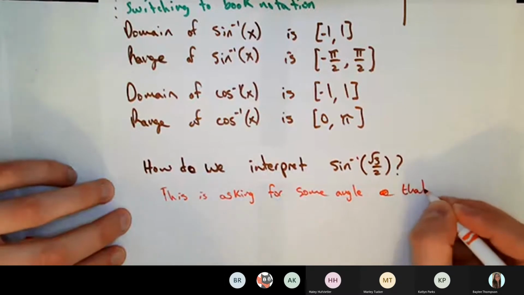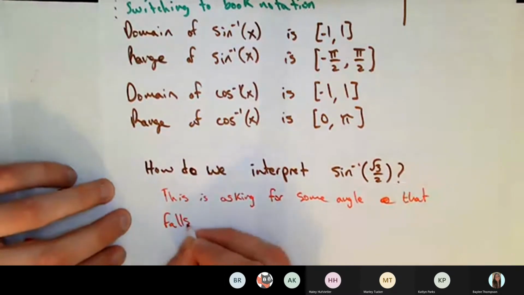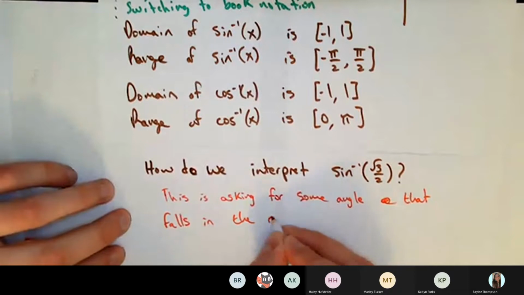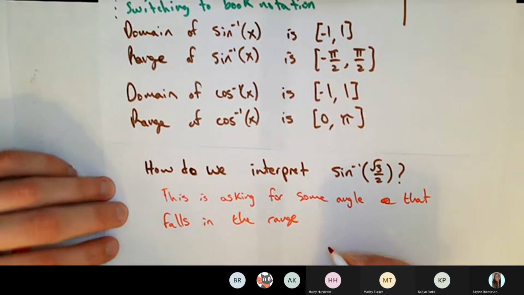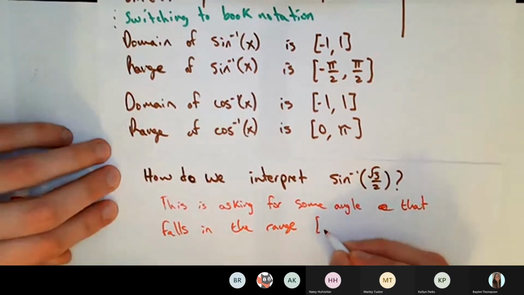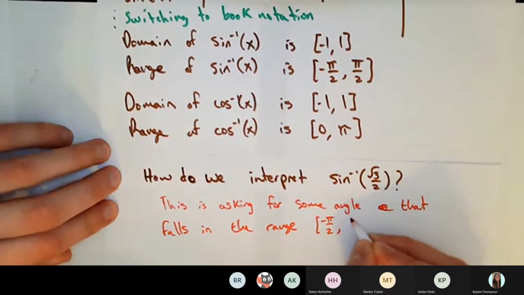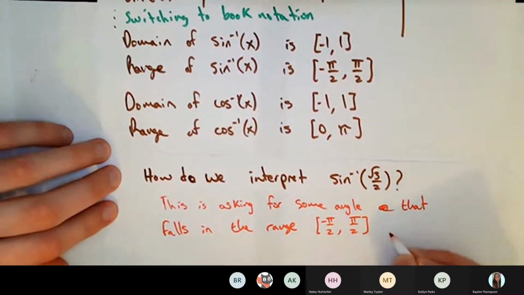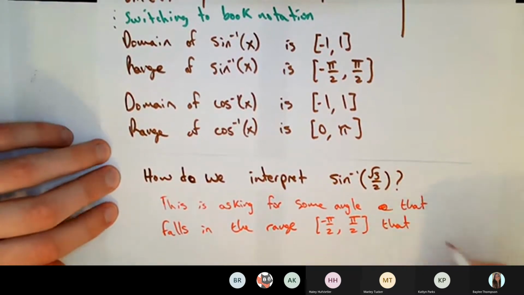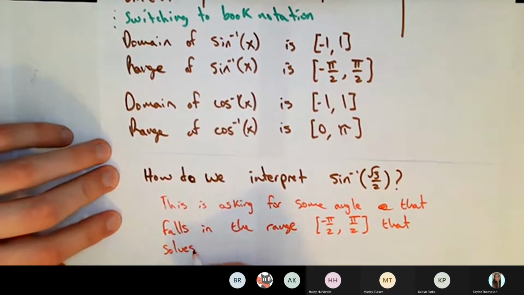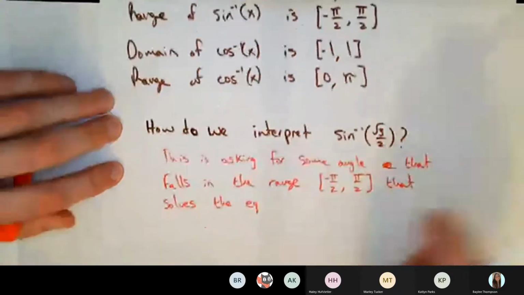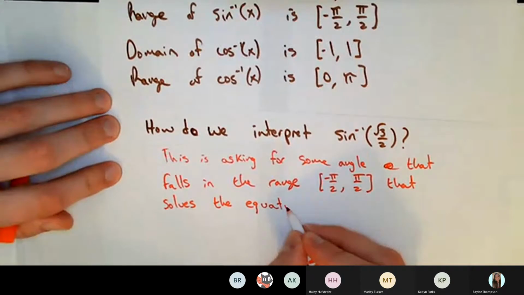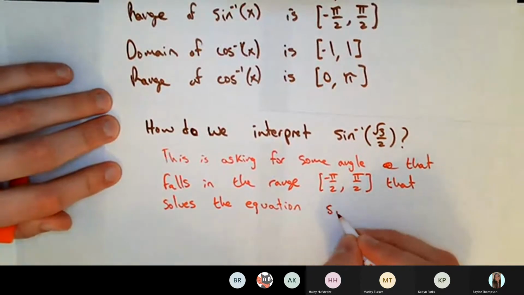that, let me say this first, falls in the range. What is the range of sine inverse? Negative pi on 2 to pi on 2. So first of all, that has to be satisfied. It also has to solve the equation. What is the equation that we're trying to answer here?